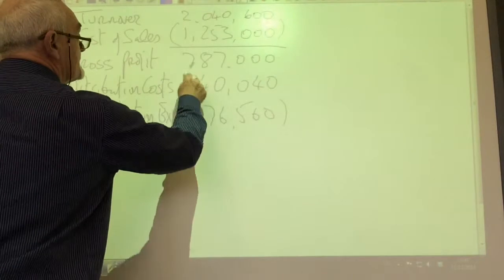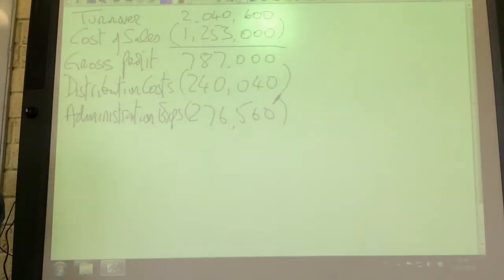$276,560. And they were made up of the 206,000 from the trial balance, the audit fees, depreciation of buildings, directors' fees, and that's 18,500 for discounts received that we were taking out of admin expenses.